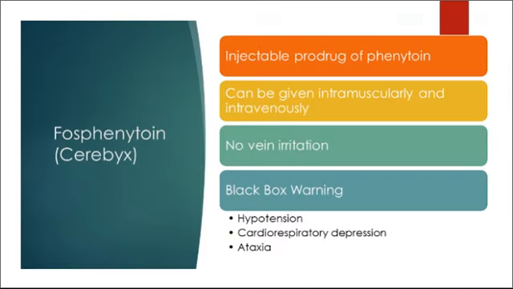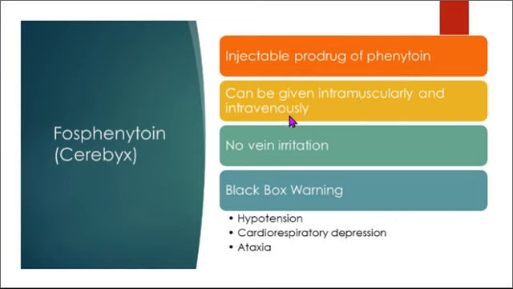Okay, fosphenytoin, Cerebyx. It's been away from the bedside a while, but it's a prodrug of phenytoin. It's good because it can be given intramuscularly and intravenously, where phenytoin is given orally and IV.